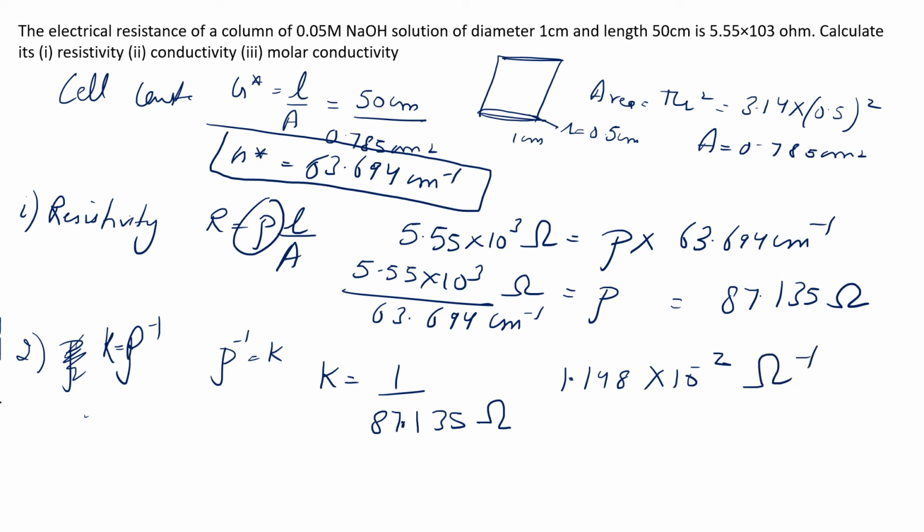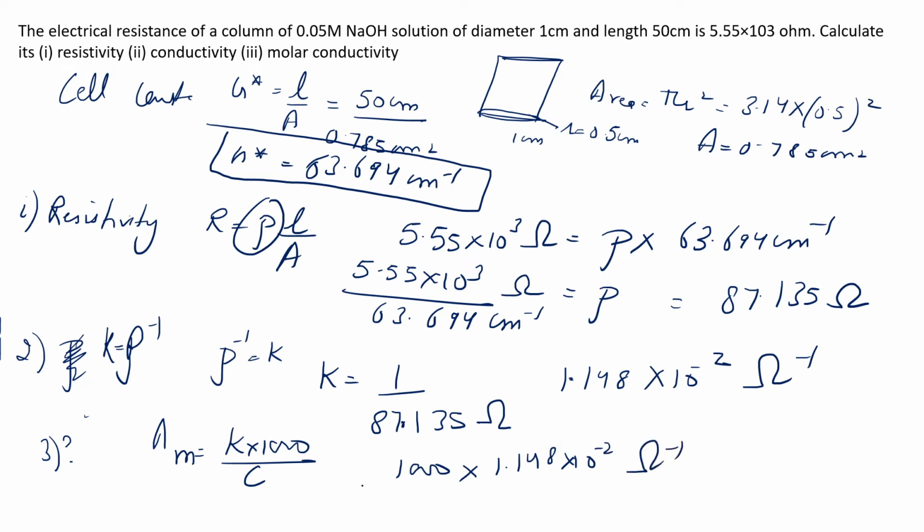Third, we need to calculate the molar conductivity. Molar conductivity, that is lambda m, is equal to kappa into 1000 divided by the concentration. So we have 1000 into kappa, which we have already calculated, 1.148 into 10 raised to power minus 2 ohm inverse.